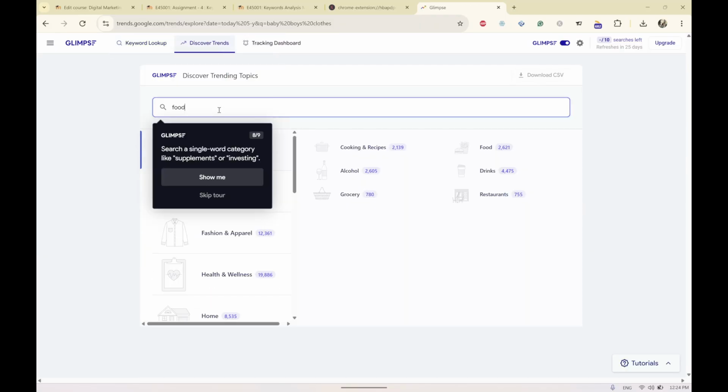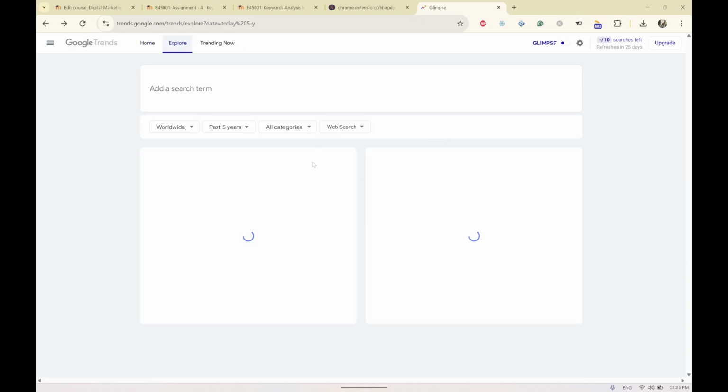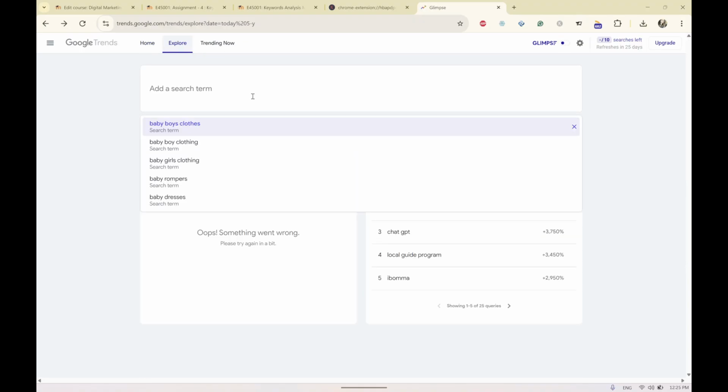Oh my goodness. Oh my God, what did I do? For God's sake. Baby boys clothes and baby boys clothing. I want to compare these two together.